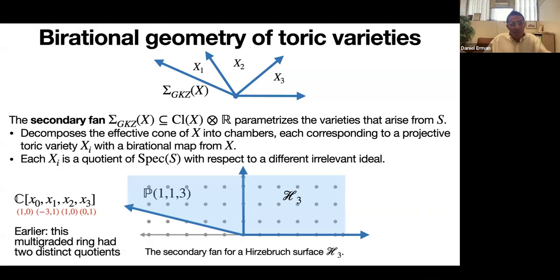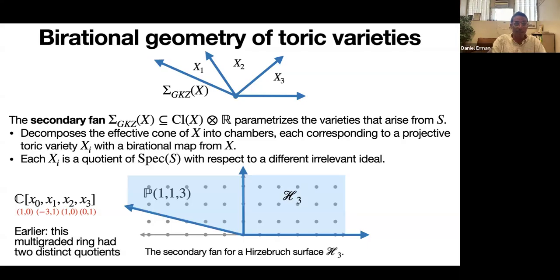You take the effective cone of X, the degrees of your Cox ring where you have non-zero functions, non-zero polynomials, and it decomposes that cone into chambers. You get a chamber decomposition, and each chamber corresponds to a simplicial projective toric variety.